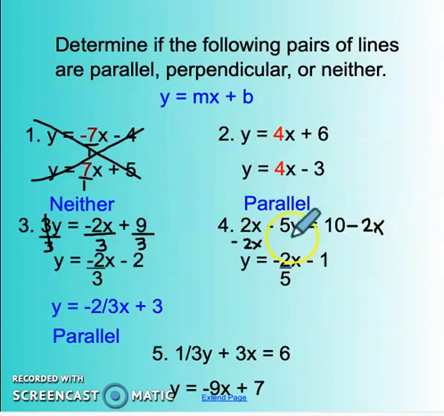So now this term is gone. And now I have 10 minus 2x on the other side. Now how do we get rid of the negative 5 again? And remember, this is a negative because subtraction really is adding negatives. And so this is a negative 5 times y.